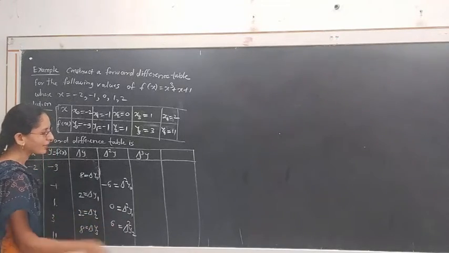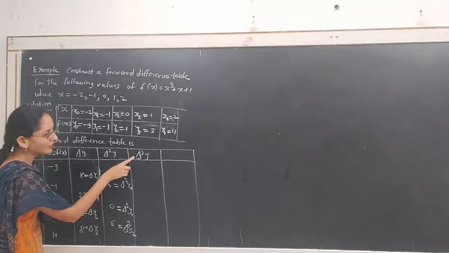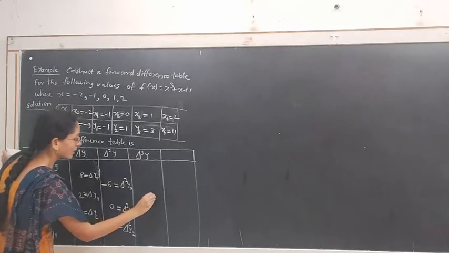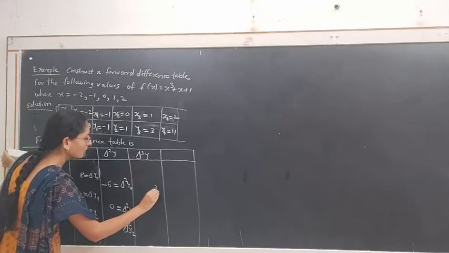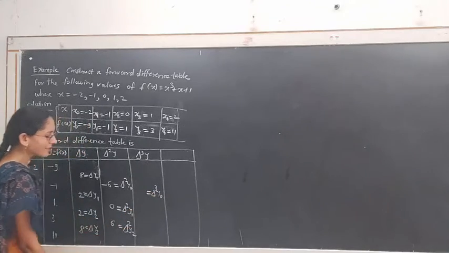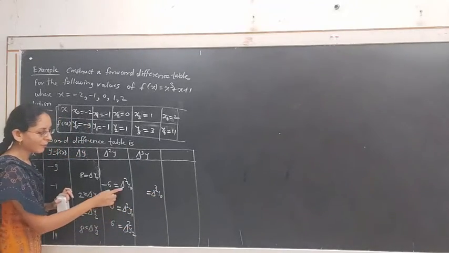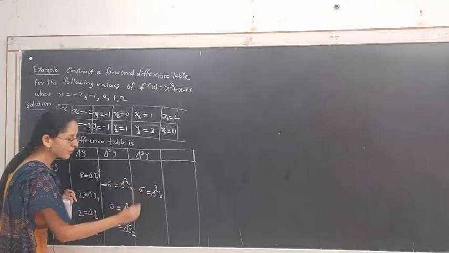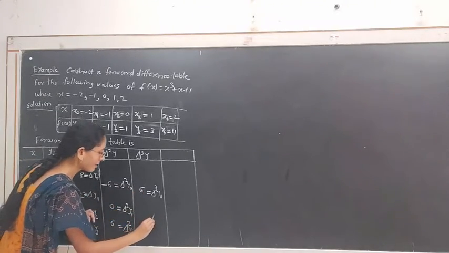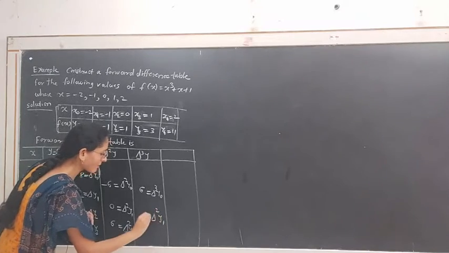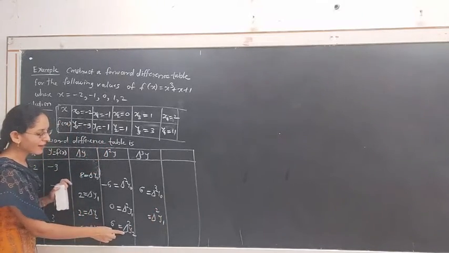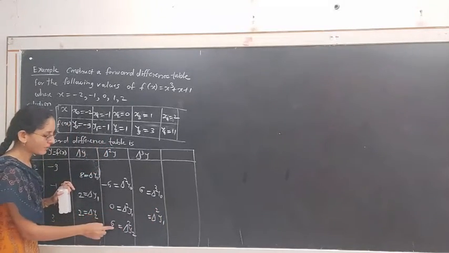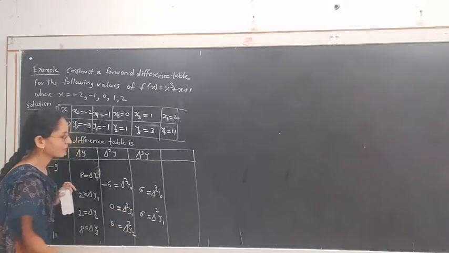In the next column we get third order forward differences. Initially we get del cube y0. It is given by del square y1 minus del square y0. 0 minus minus 6. Next we get del cube y1, which is equal to del square y2 minus del square y1, which is 6 minus 0 is 6.